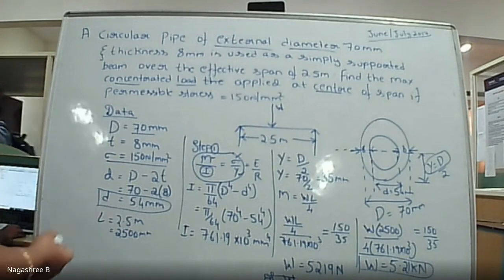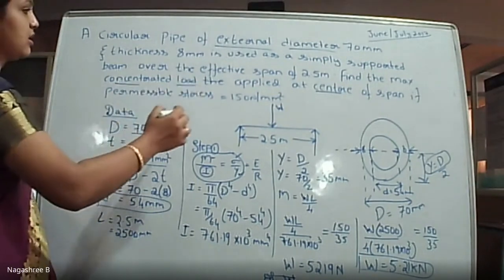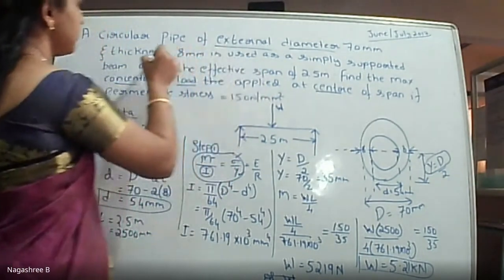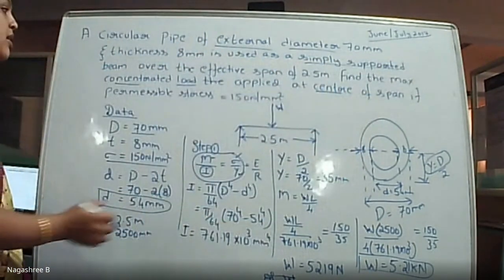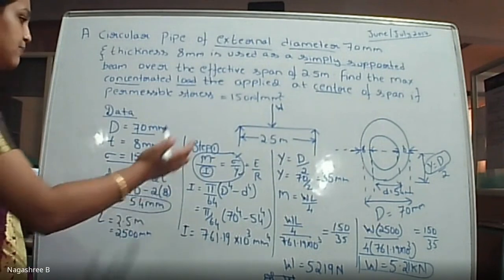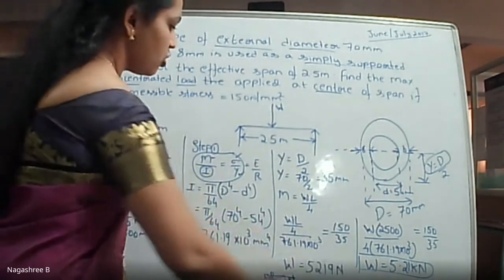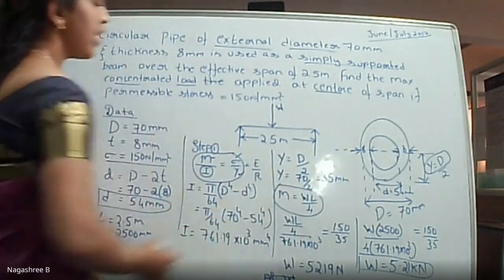Here in this condition, it has been given as the maximum concentrated load on a simply supported beam. So it is a simply supported beam with center concentrated load, which means you are supposed to apply the value of M as WL by 4.